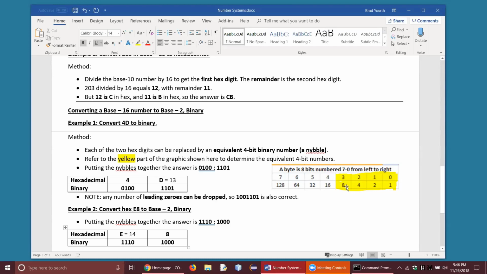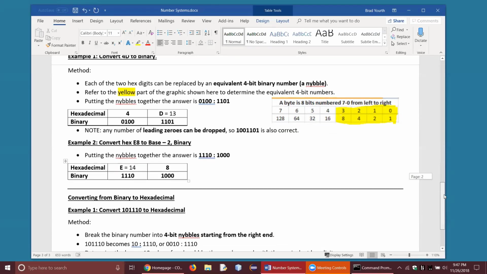The only way you can get 8 is by turning this bit on. And so the correct answer here is what you see down below. And in this case, there's no leading 0, so we can't turn anything off. So there's the correct answer. So that's hex to binary.